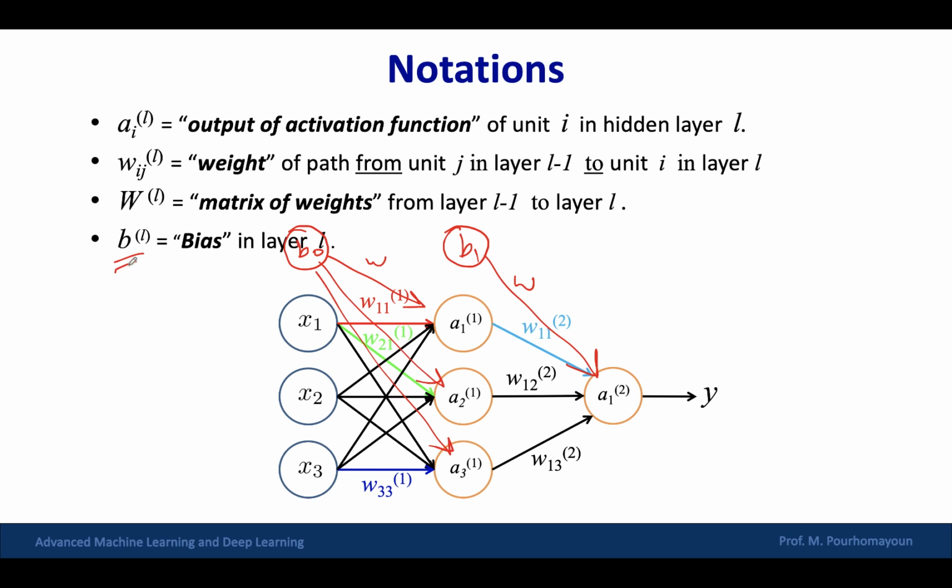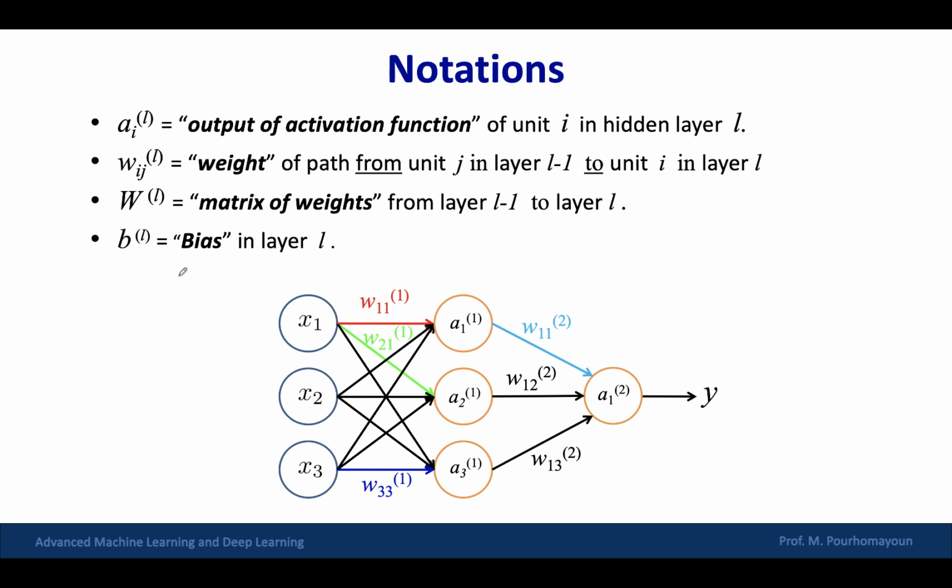So this is the bias, but sometimes we don't show it in our network because we don't want to make it too complex. But remember, there is a bias for each layer, which is a constant value added to all of those inputs.